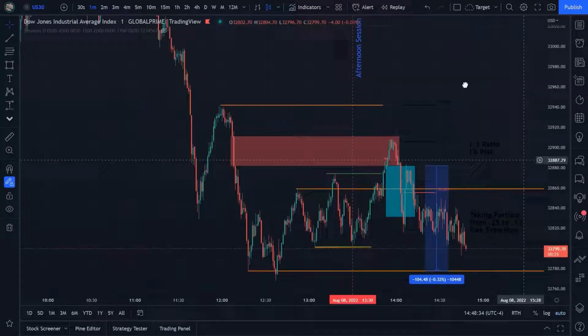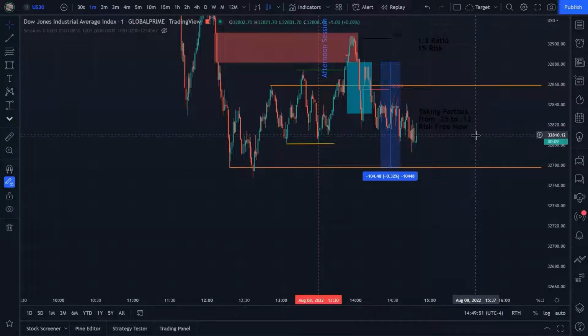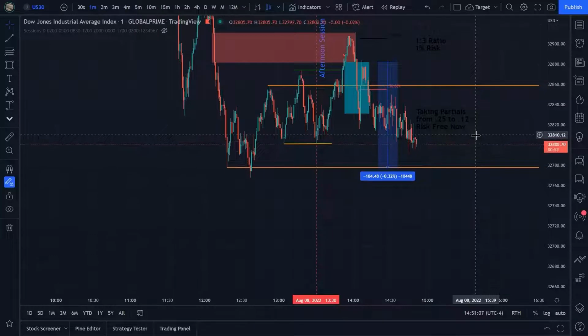Now, as you can see, we're headed close to our target area for the day.